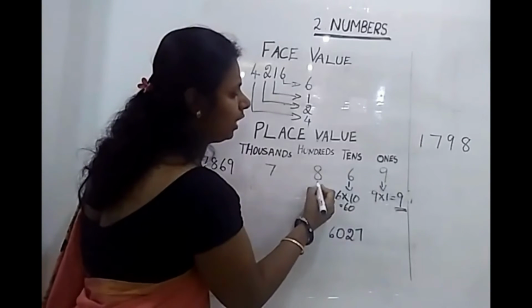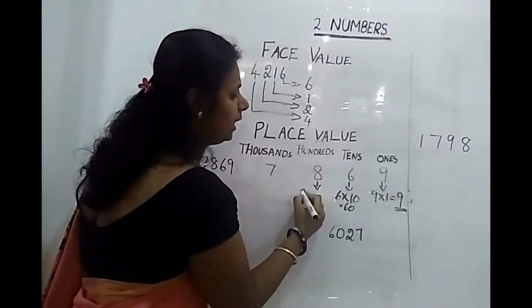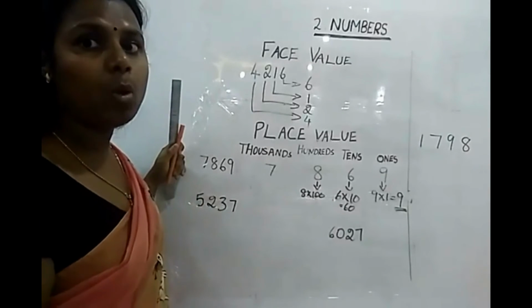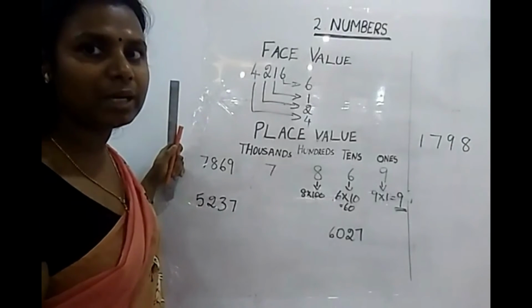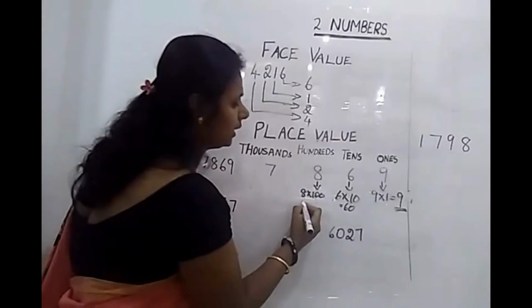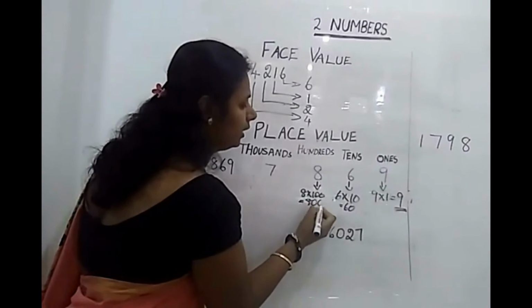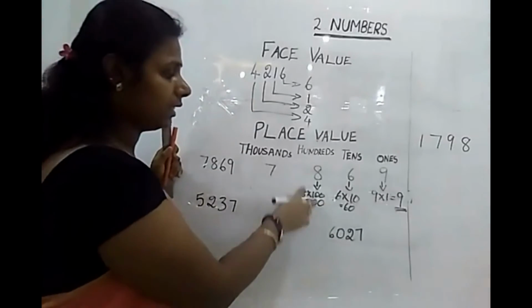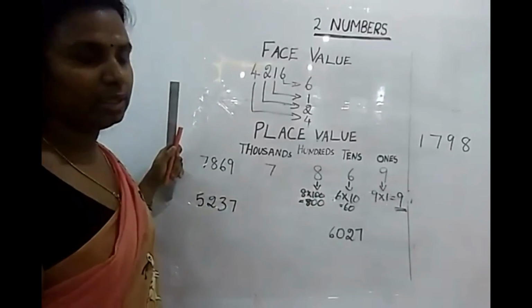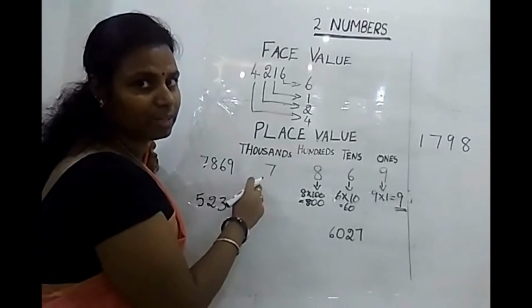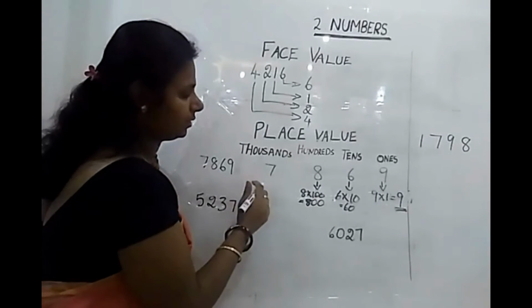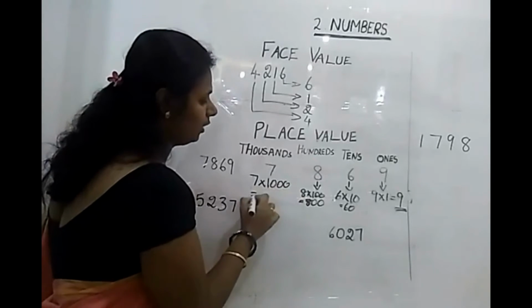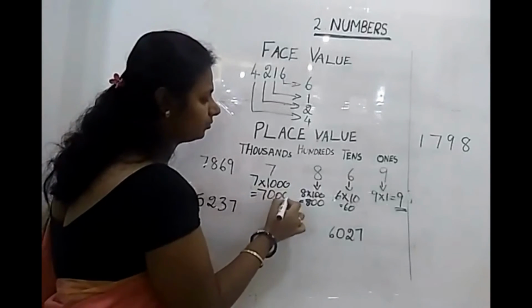Now, the place value of 8. 8 multiplied by 100, that is 800. So, the place value of 8 is 800. Now, the place value of 7. 7 is in thousands place. So, 7 multiplied by 1000 is equal to 7,000.